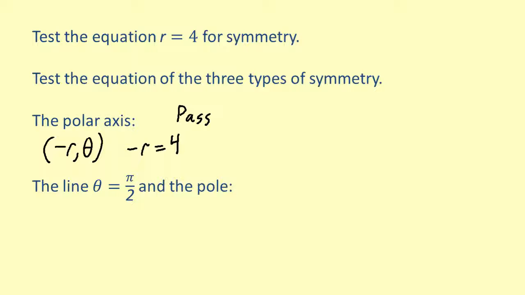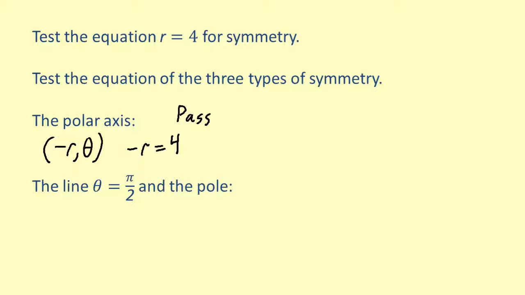We could either replace theta with negative theta, or we could replace r with negative r and theta with pi minus theta. Since we know the equation is symmetric about the polar axis using the first test, we know that the equation must also pass the second test. So, if we replace r with negative r and theta with pi minus theta, we will have an equation equivalent to r equals 4.